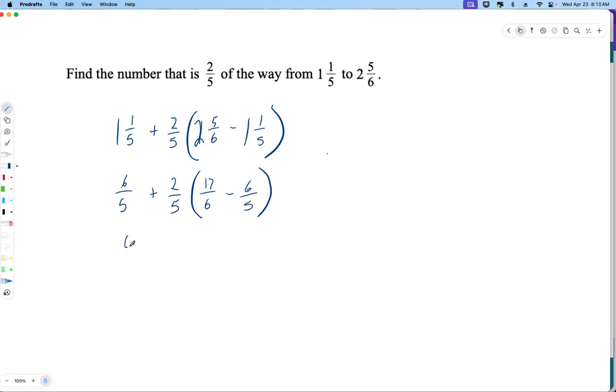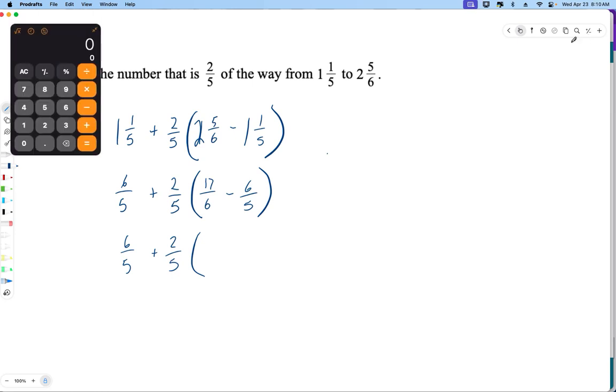Common denominator. 5 times 17. Ugh, they would have big numbers, wouldn't they? 5 times 17. 85 over 30 minus 36 over 30. 85 minus 36, 49. So 6 over 5 plus 2 over 5, 49 over 30. Okay.